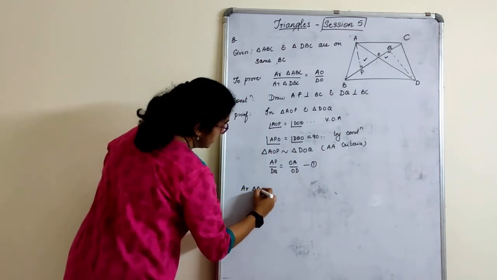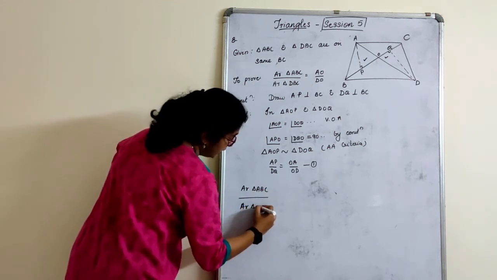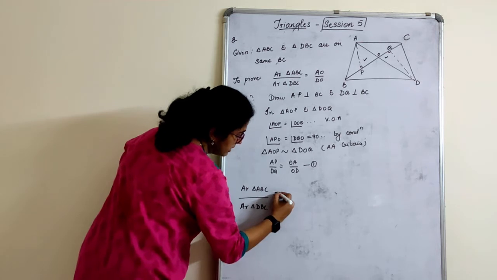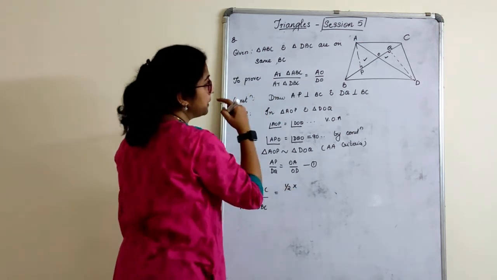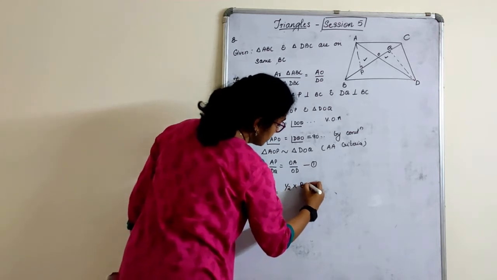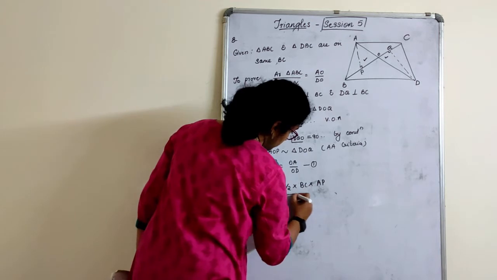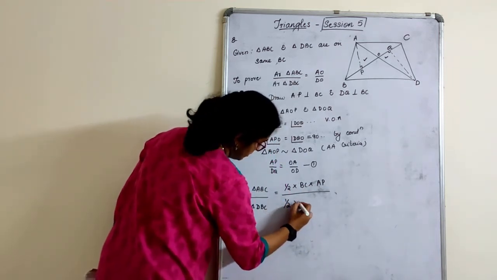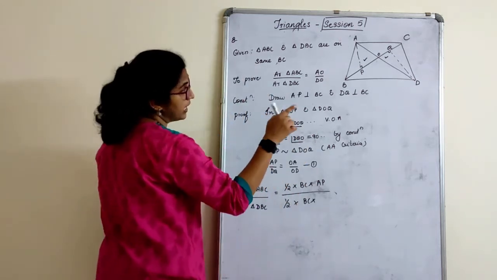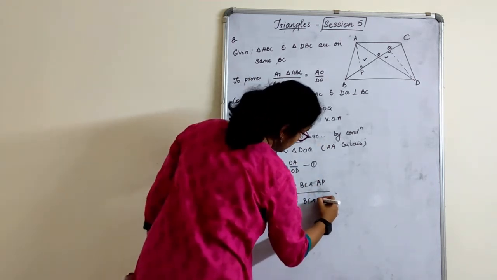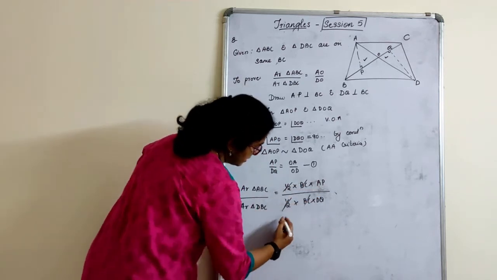Take the given part. Area of triangle ABC to area of triangle DBC is equal to half into base. So for ABC, base is BC. What is the height for that? AP. Divided by half into BC, since they are standing on the same base. What is the height for that triangle? It is DQ. So half and half will get cancelled, BC and BC will get cancelled.